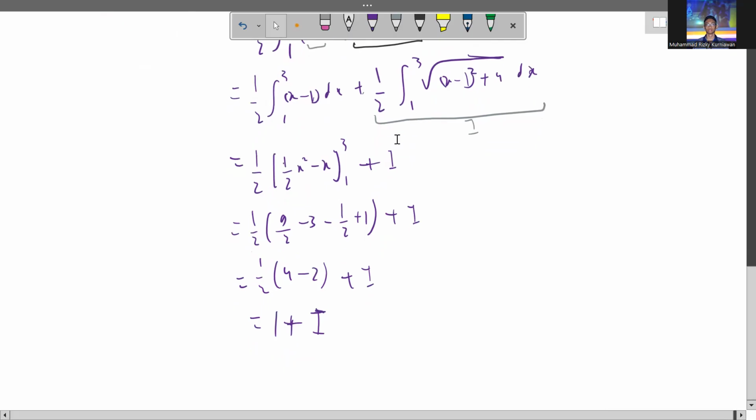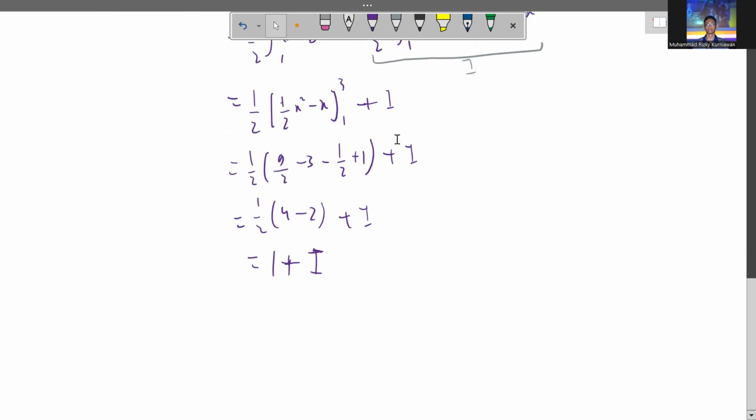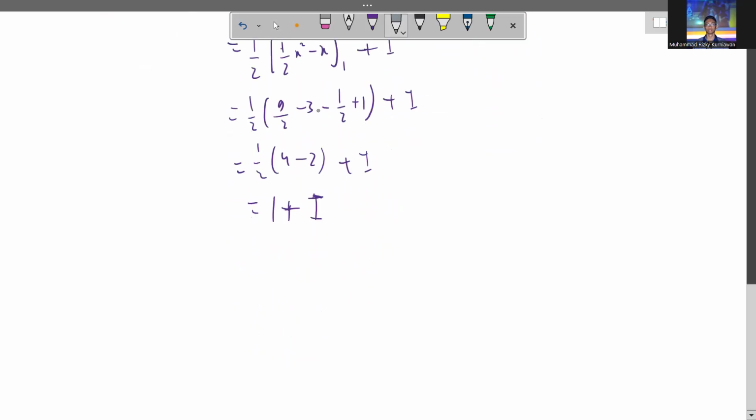What about I? Well, I is a bit more complicated. So recall that I is equal to 1/2 of the integral of the square root of (x minus 1) squared plus 4 from 1 to 3 dx.